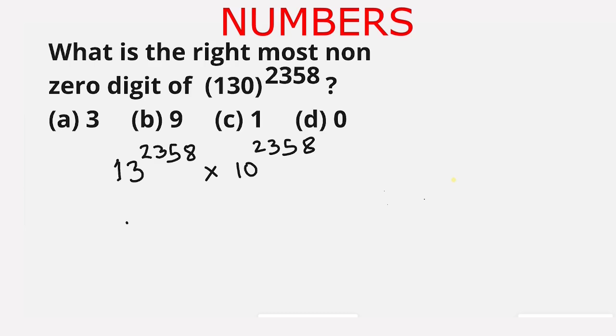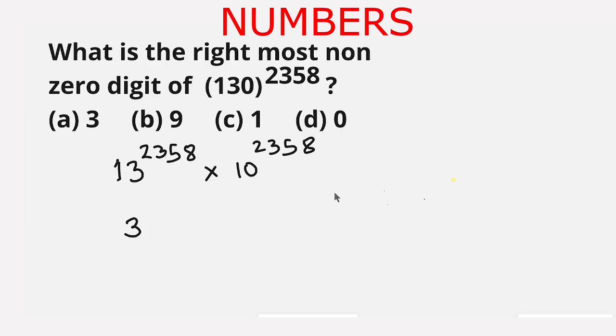So we write the unit digit of 13, which is 3, and we divide 2358 by 4, as we know that when the ones place of any number is 3, then it repeats itself after every fourth power.